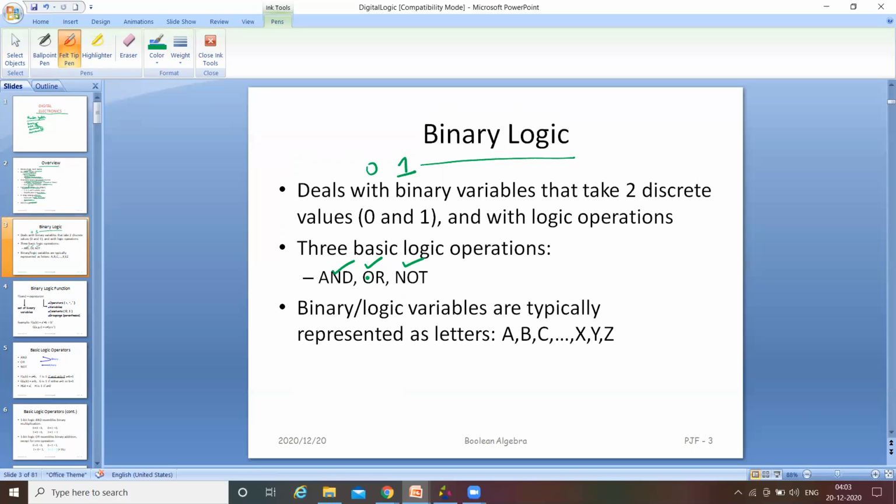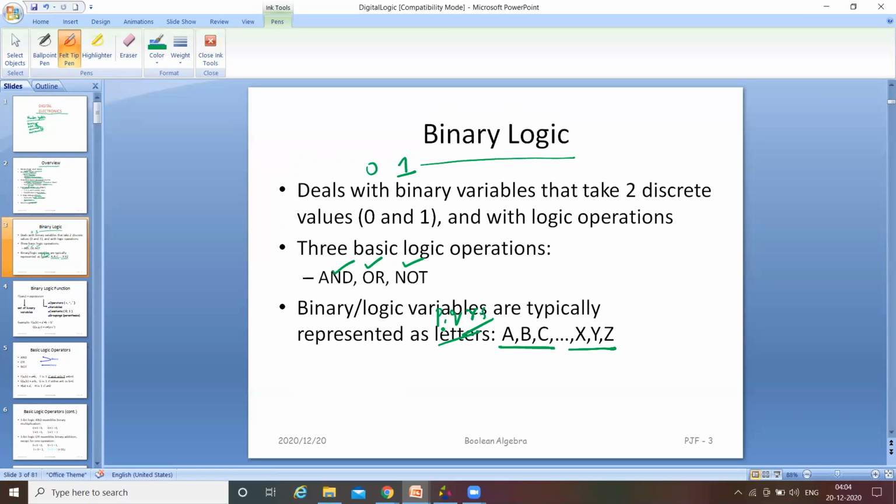Binary or logical variables are typically represented as A, B, C, and X, Y, Z. You can also write P, Q, or S, whatever it is. There is no limitation and no thumb rule to choose A, B, C or X, Y, Z. Any variable we can assume.